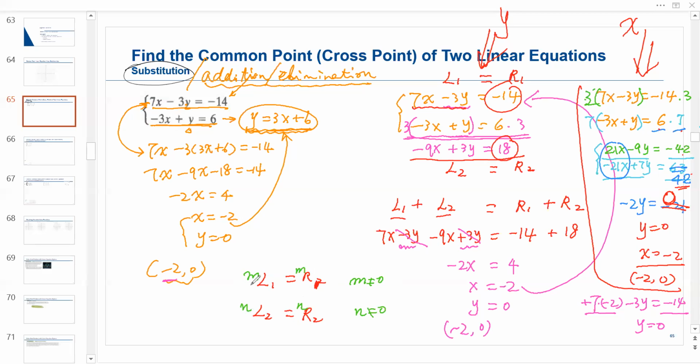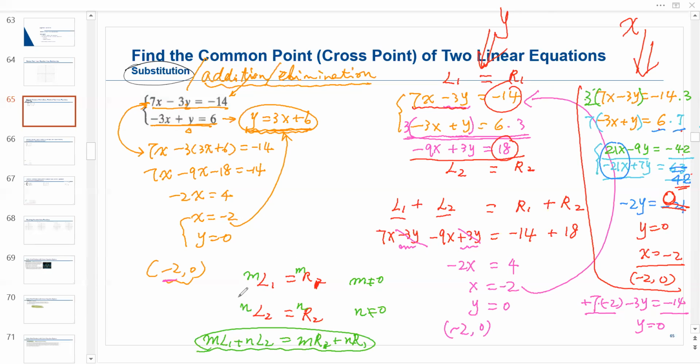The objective is to make one of the variables, x or y, disappear. So when we add m times L1 plus n times L2, they still equal each other. Keep this in mind.